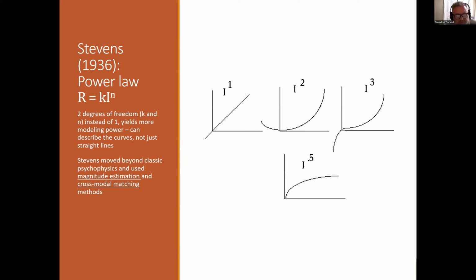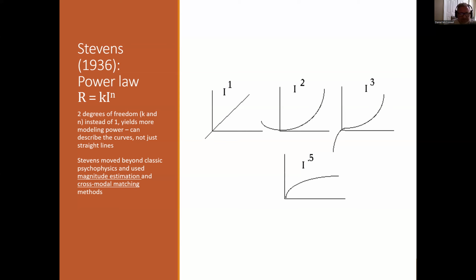And one of the things that Stevens found is that when you do this kind of experiment for lots of different kinds of sensory systems and sensory judgments, you get a whole big wide bunch of curves like the ones shown here, right? Sometimes you might get a straight line. Sometimes you might get a curve like the one in the middle there, or the right, or the bottom. Some of these look a little bit like the curves we saw for Fechner, but not all of them, right?